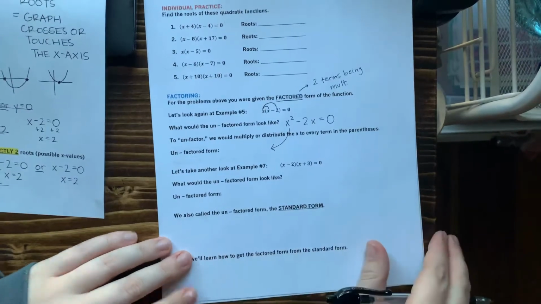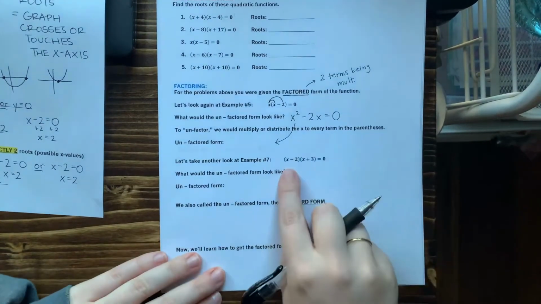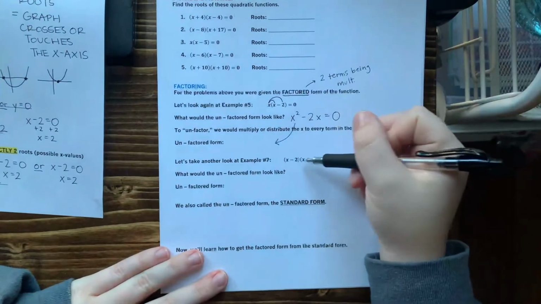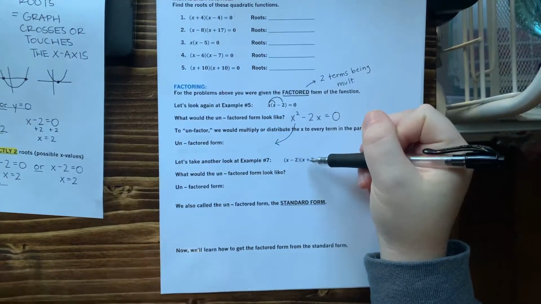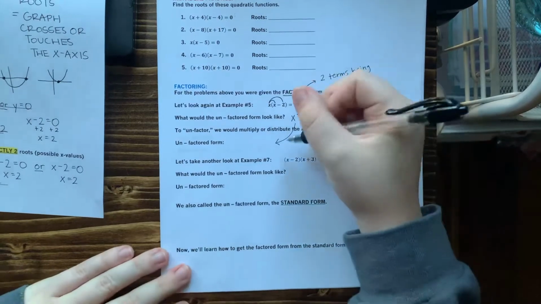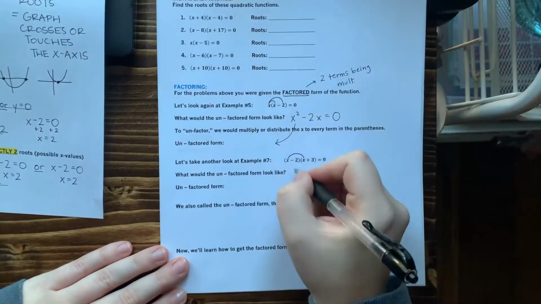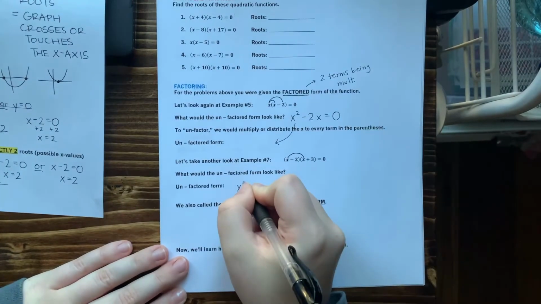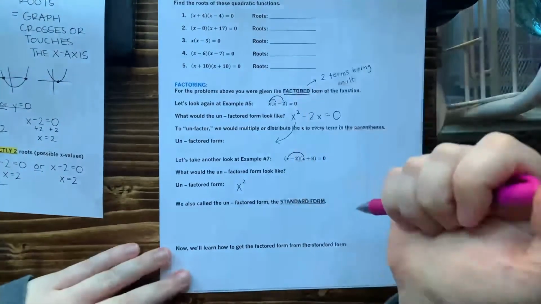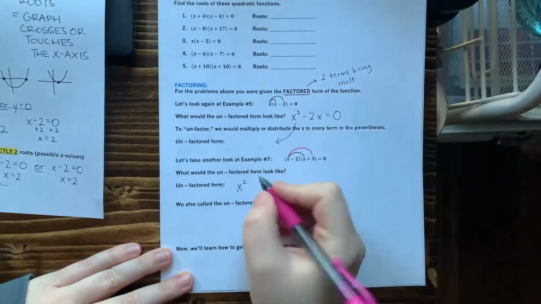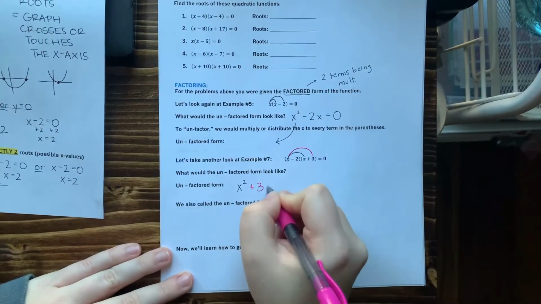So let's take a look at another example. We're going to take this factored form, which is two pieces being multiplied together, and then we're going to get it to our unfactored form. So we've got to distribute: x times x equals x squared. X times 3 is 3x.